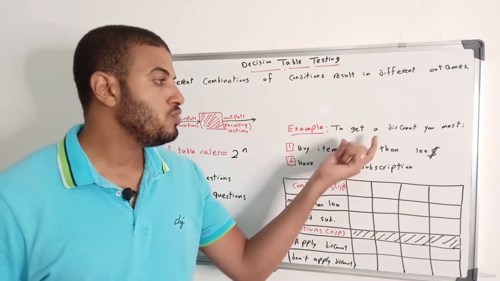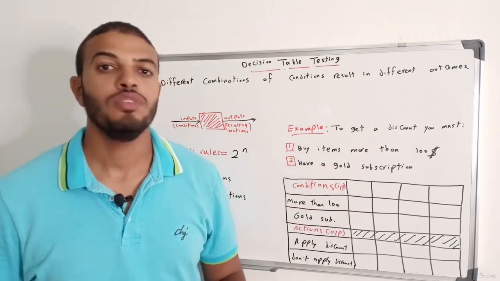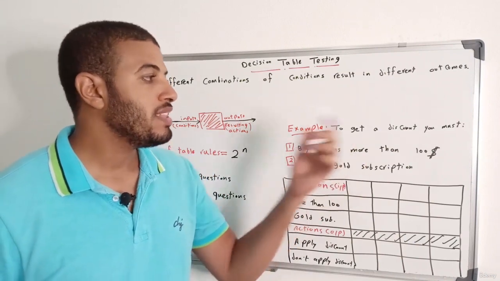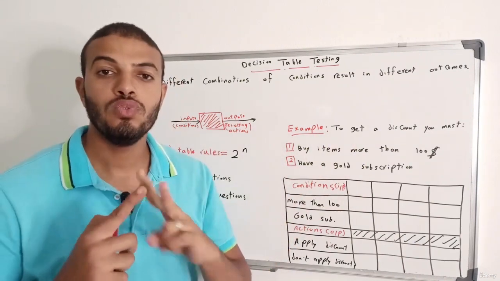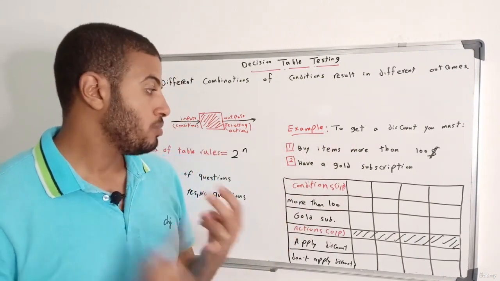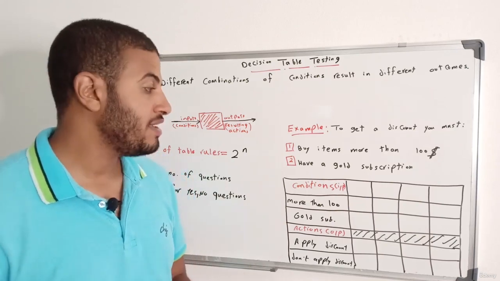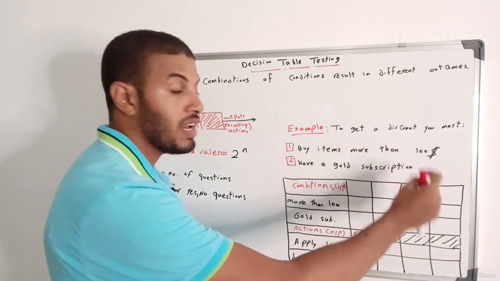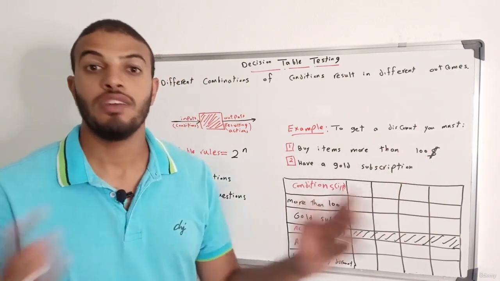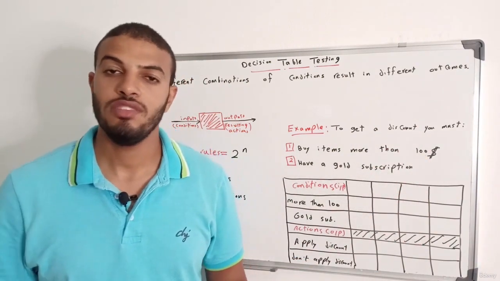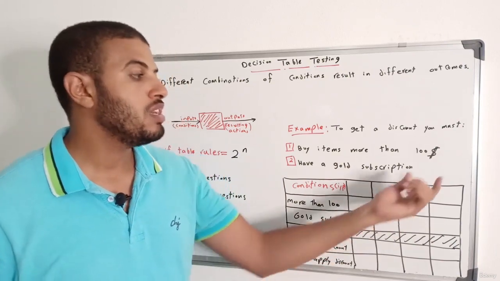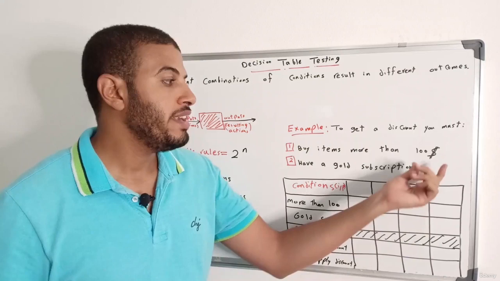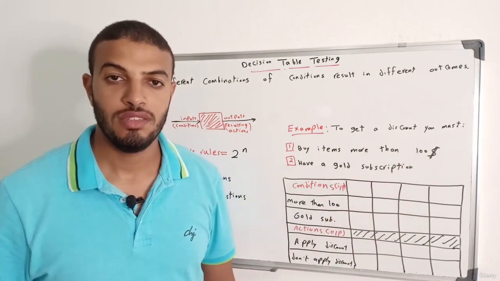In this example, we have a store, okay? And in order for you to get a discount, you are going to buy some things, clothes or books or anything. To get a discount, you must have two conditions, okay? You must satisfy these two conditions. The first is you must buy items worth more than $100. So your cart inside this website, for example, Amazon, must contain items whose price, okay, all of their price is more than $100.